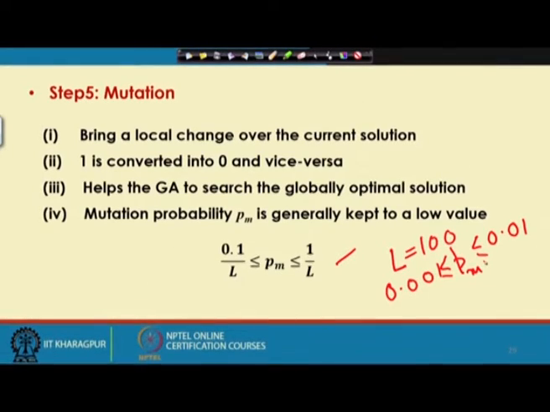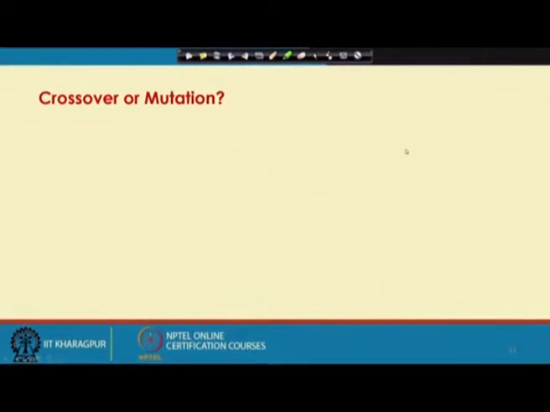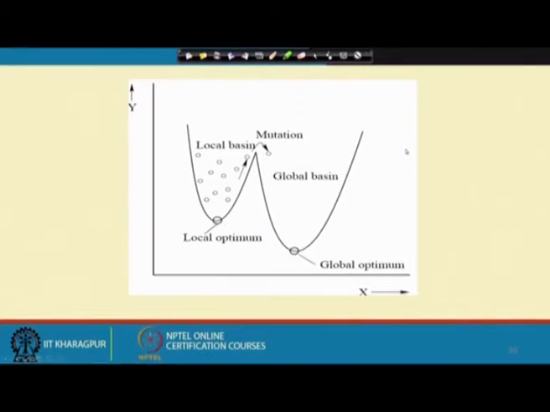Now, let me try to understand the utility of this particular mutation operator in a slightly different way. Supposing that I have one GA whose task is to find the optimal solution, and for simplicity let me assume that the population size, capital N, is only 4, and let me take a very hypothetical example.